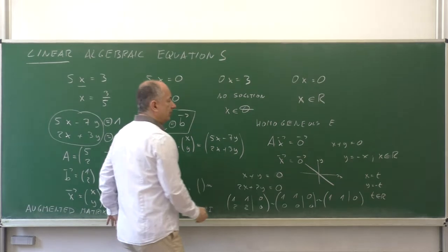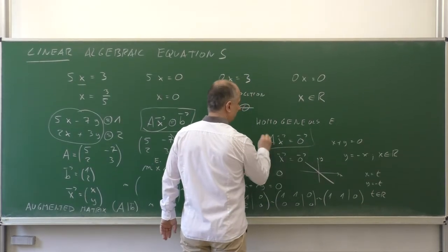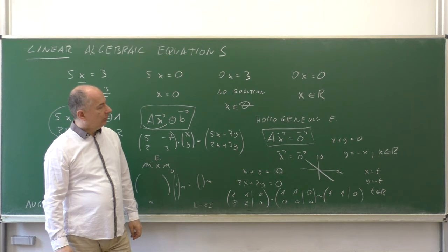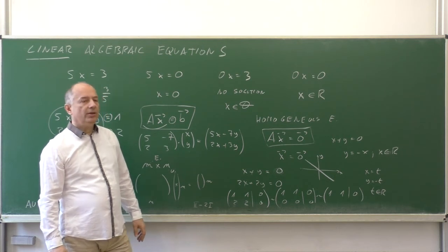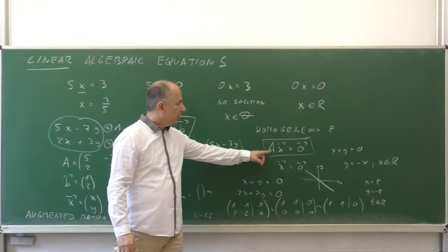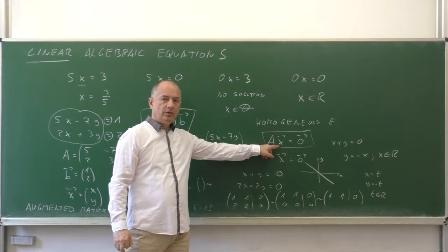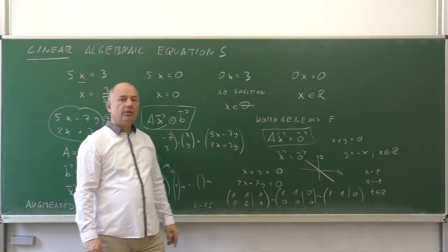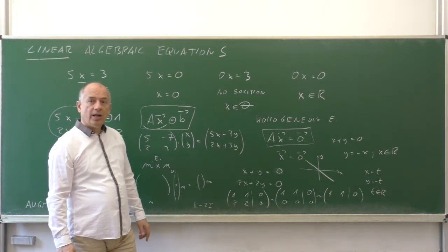If we have this homogeneous equation, then this looks simple, but it is an important case. Actually, the set of all the solutions to such a homogeneous system is quite an important object, so important that it has its name.